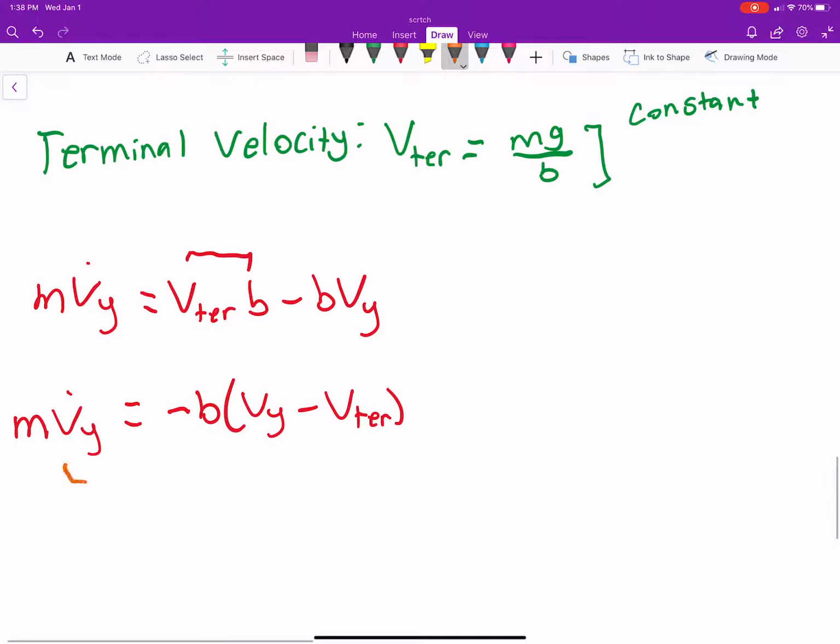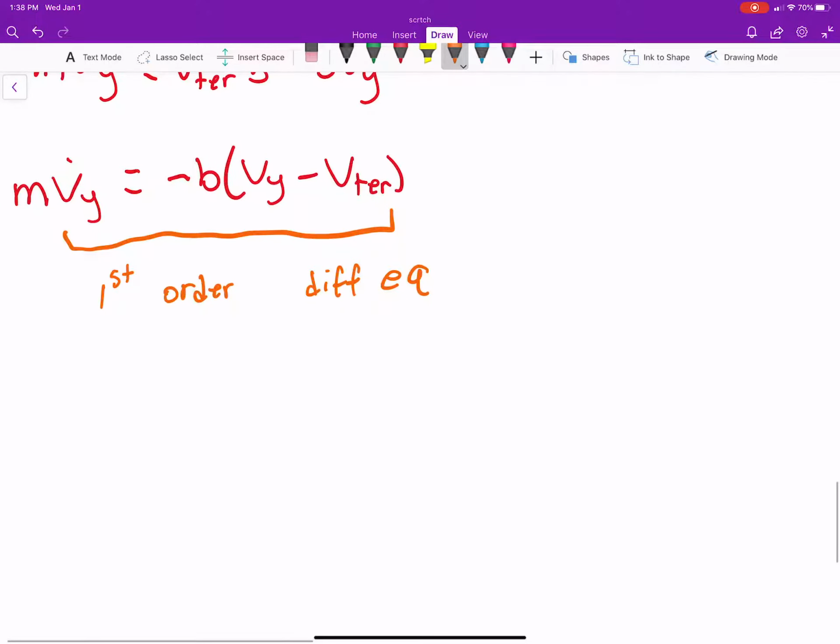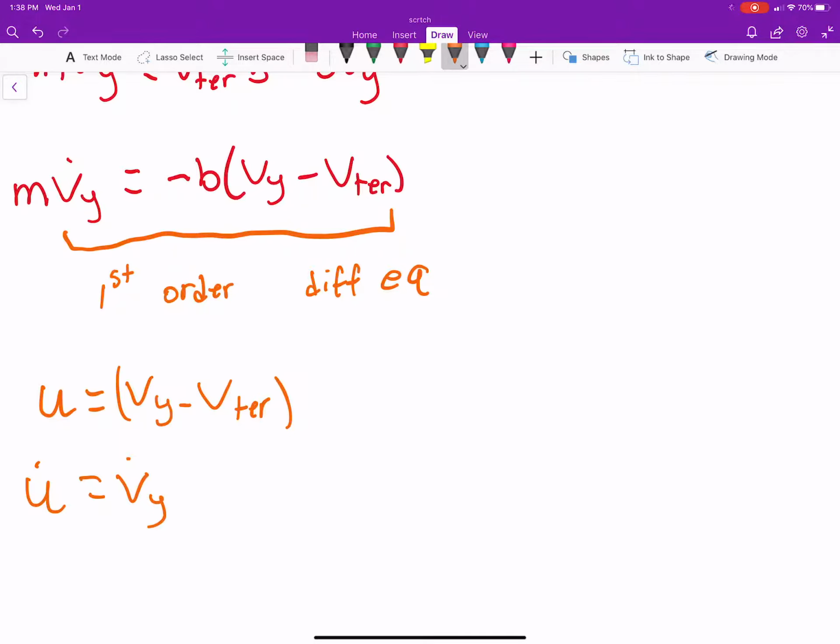So this is, once again, a first order differential equation. Now the way that I'm going to solve this differential equation is I'm going to let u be our vy minus v terminal. And obviously, if I do u dot, remember v terminal is a constant, so it would be just the derivative of velocity.